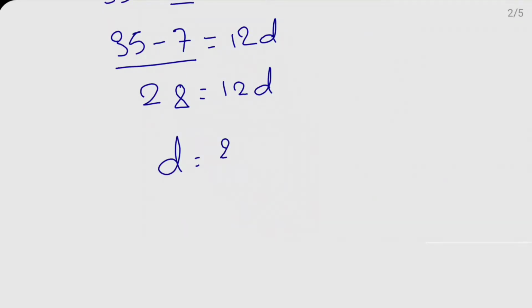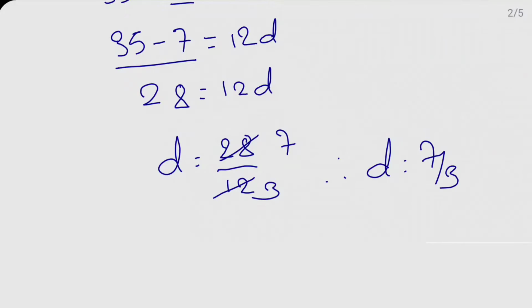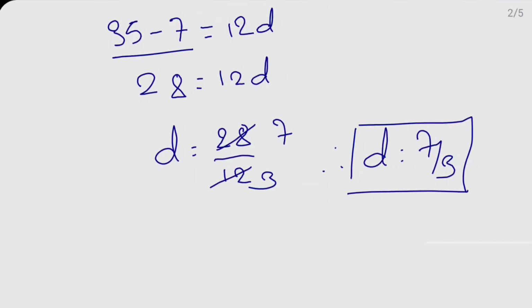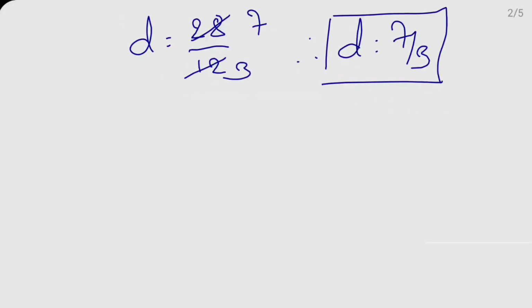So now here d equal to 28 by 12, right? So here 4 3s are 12, 4 7s are 28. So therefore d equal to 7 by 3. Is it clear? So now they ask S13.